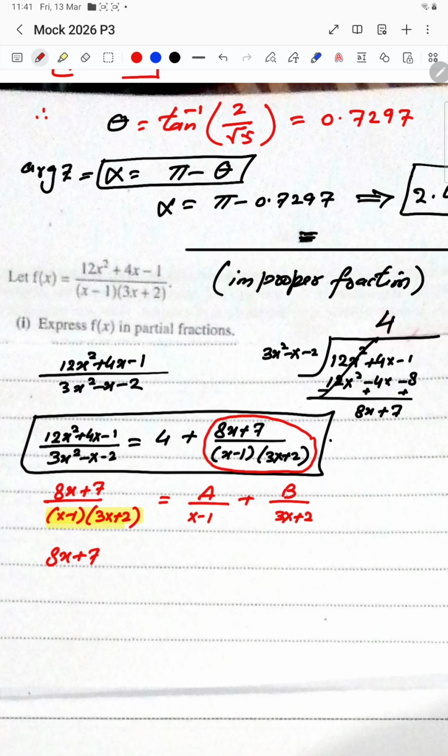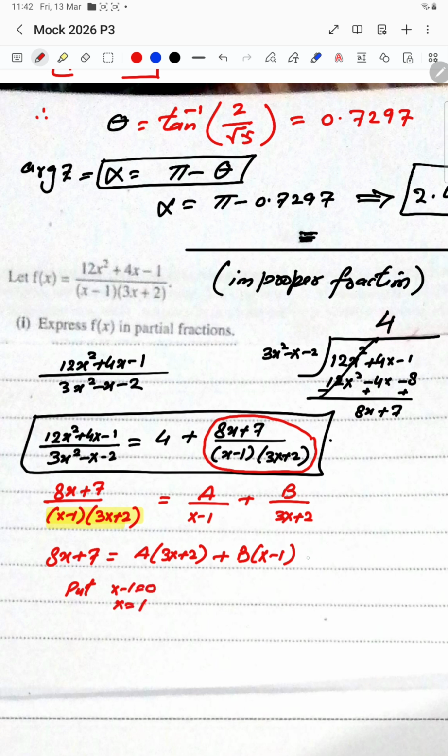I will get the result like a times 3x plus 2 plus b times x minus 1. If anyone gets confused about the partial fraction, do check my other videos based on the lesson partial fraction and you can get it back.